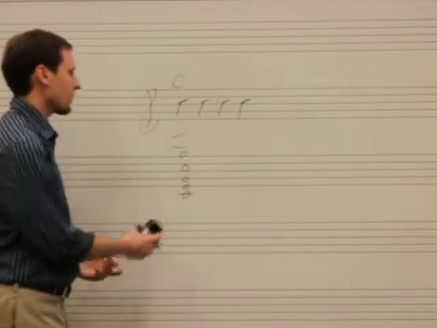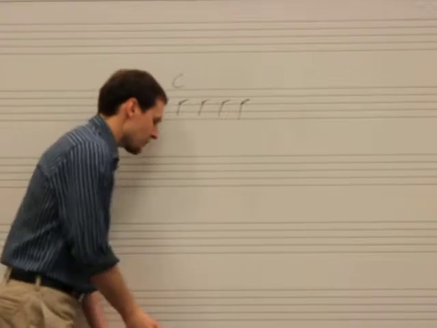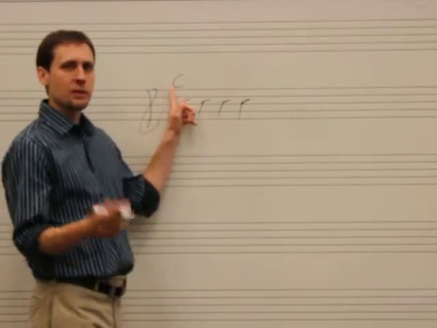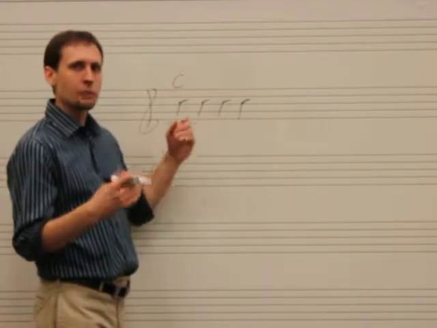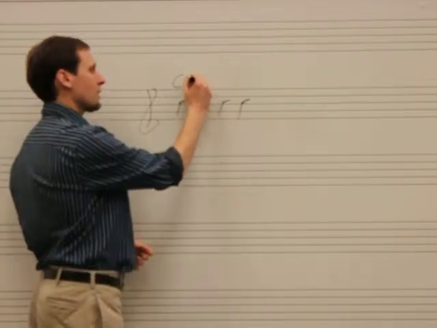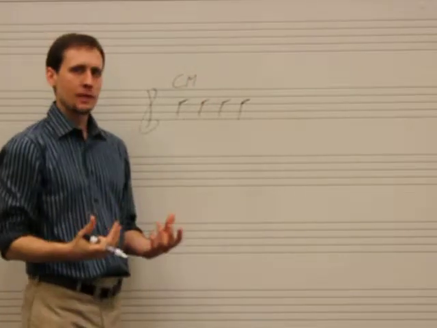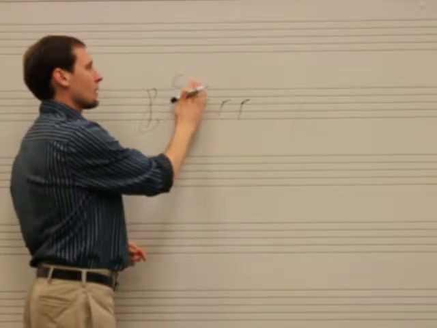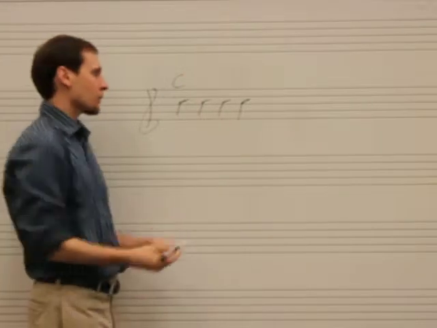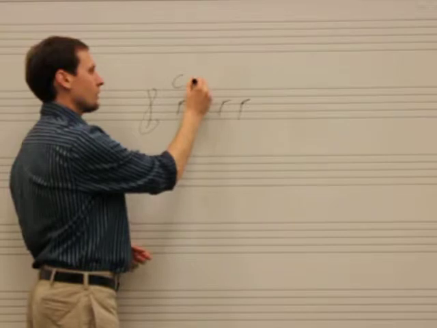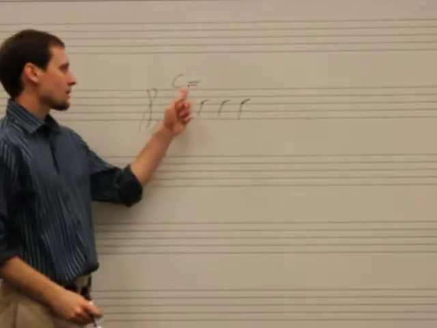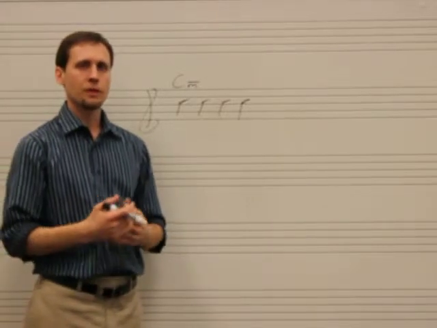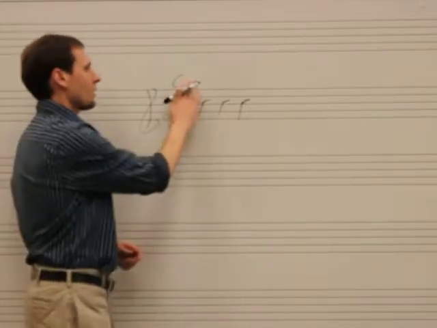Now, the other qualities of triads might be written like this. For major triads, you usually just see the letter, and that implies that it's major. You might also see the letter M, a capital M, and that's more clear that they want C major right there. If they wanted a C minor triad, then you would see a lowercase m. Sometimes it might be written with a line over top of it, but that lowercase m tells you to play a C minor triad.